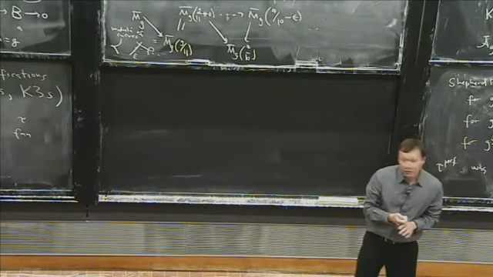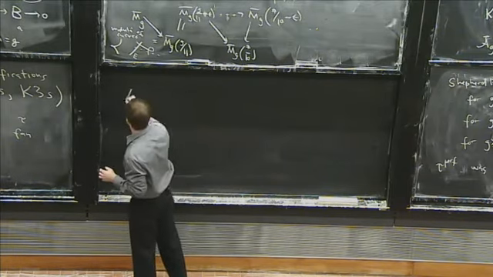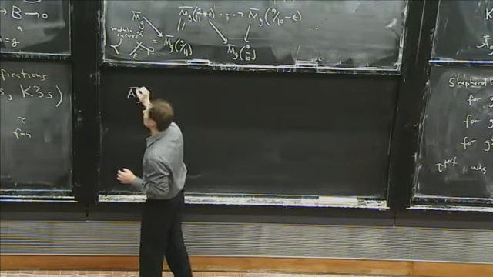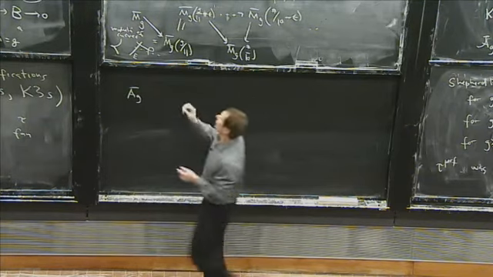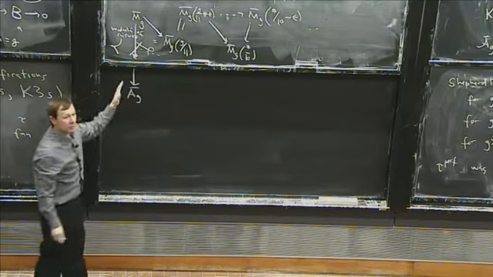And then the question is this. You know, there is M_g, and then there is A_g bar, and there is a Torelli map going this way.